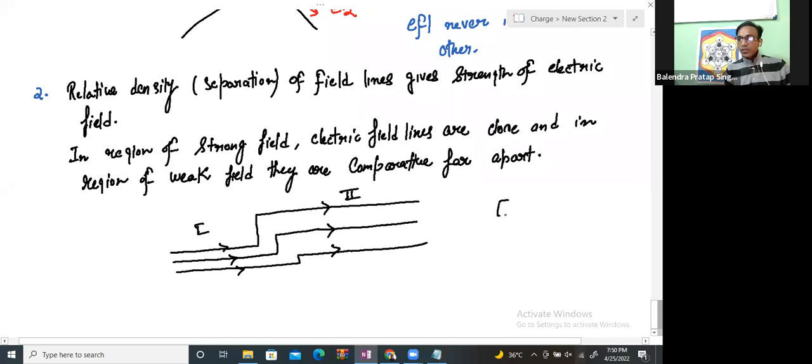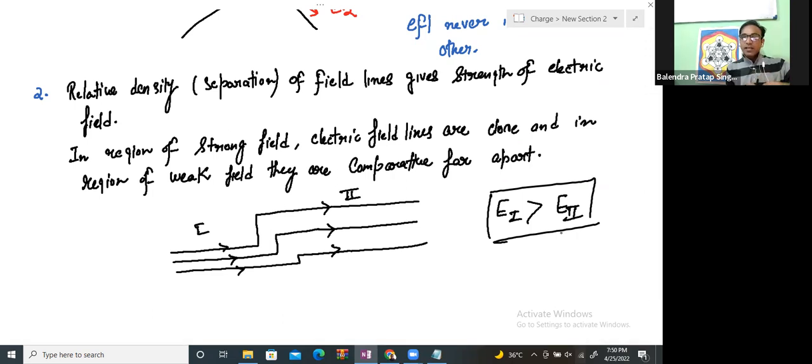So you can write: the electric field in the first region is greater than the electric field in the second region. This is property number 2: where the electric field lines are very close to each other, that region is a strong field region.